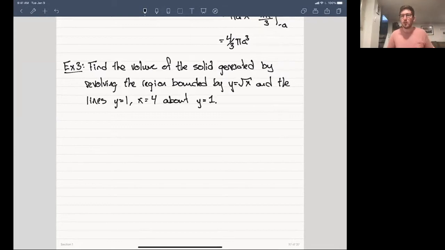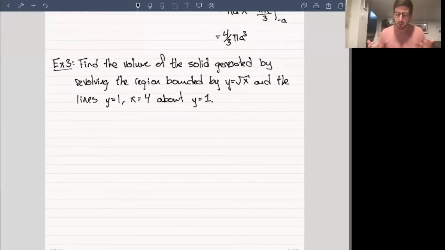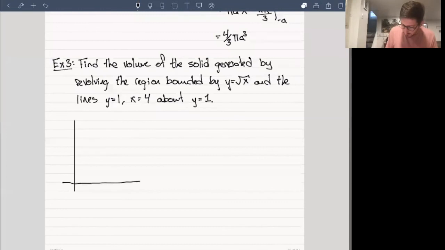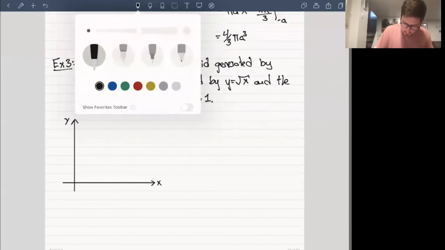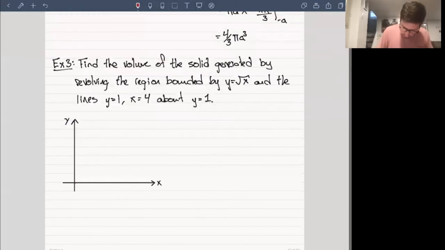Okay, so this is a little trickier, right? In the previous examples, we were revolving about y equal to 0, the x-axis. But that's fine. We can still do this. Let's start by sketching out what exactly the region looks like so we can calculate this radius that we need. So let me sketch my function. This is y equal to the square root of x.